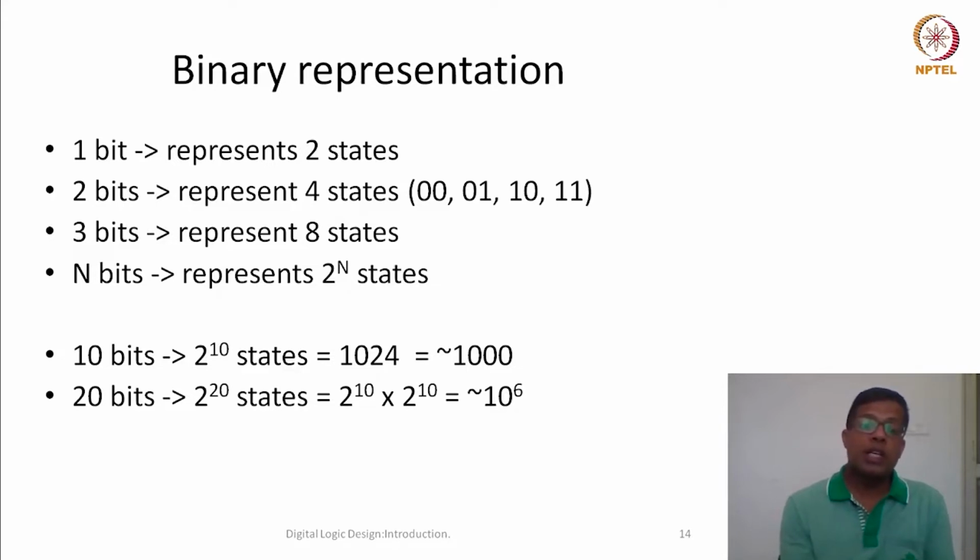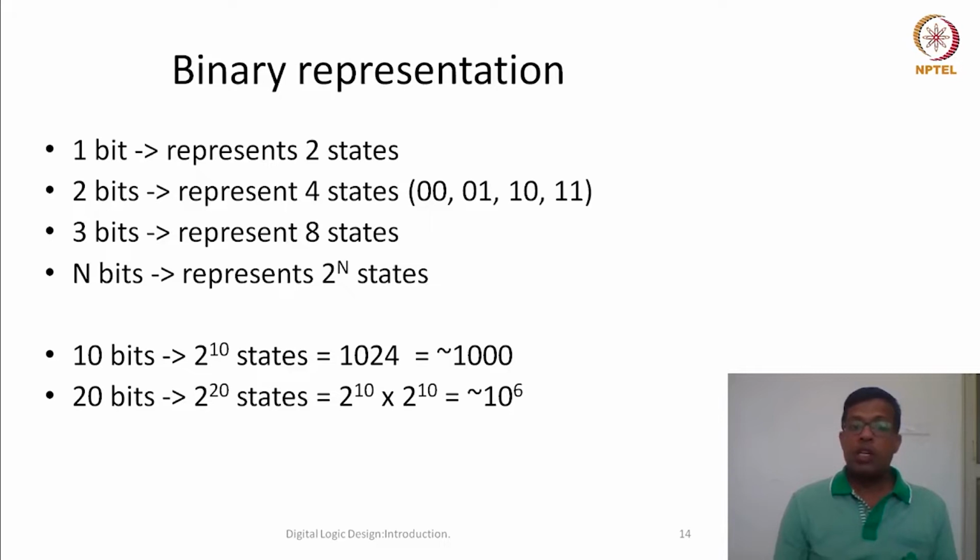Although the number would be 1024 into 1024, for the sake of simplicity I can say that the number is approximately 10 to the power 6, 1000 cross 1000. When I say 1000 or 1024, this is in a decimal representation.